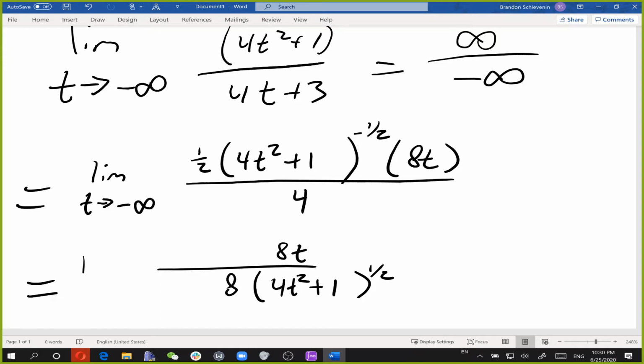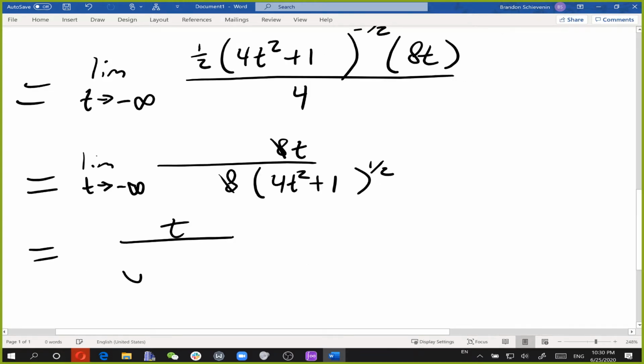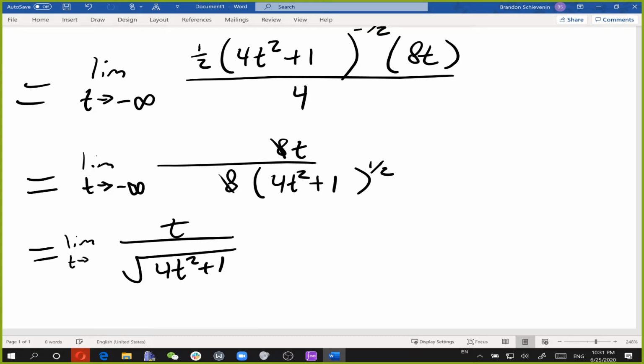I'm still taking the limit as t approaches negative infinity. My 8s will cancel. That leaves me with t over root 4t squared plus 1, taking the limit as t approaches negative infinity.